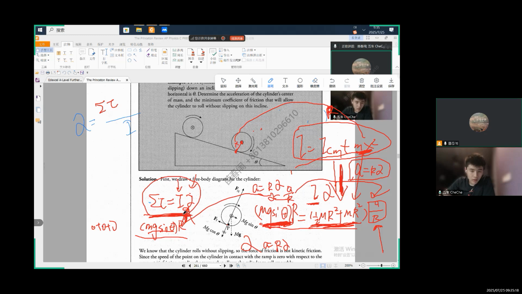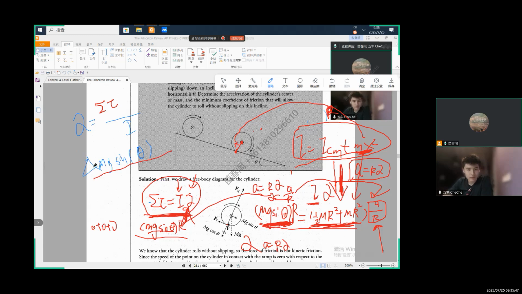Okay, I see how it is mg sine theta, but how do we find a change in that? You don't really get anything, right? Does it accelerate, like this gets bigger?